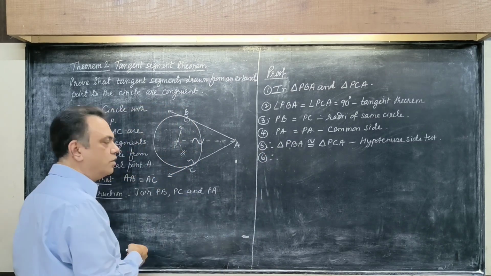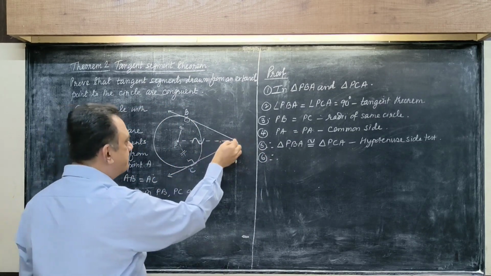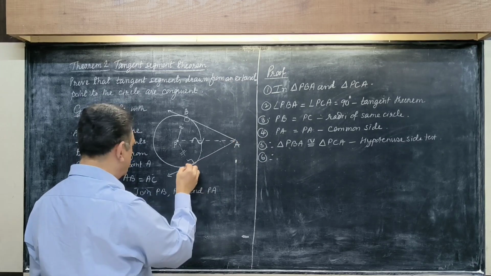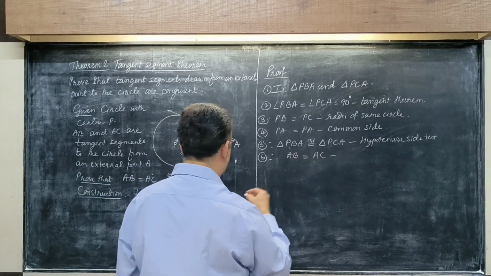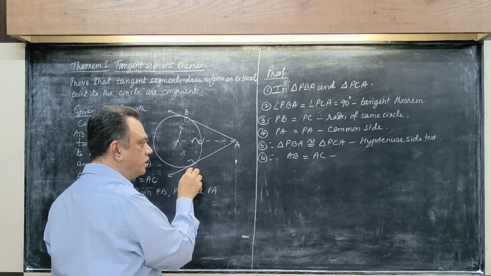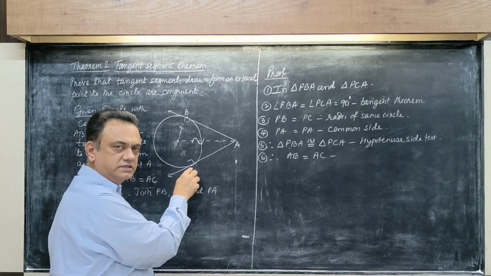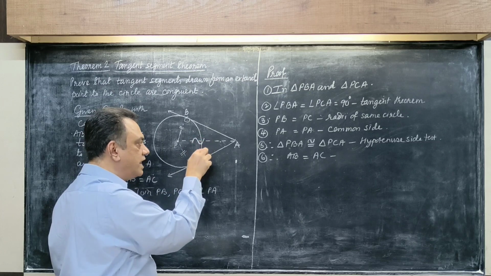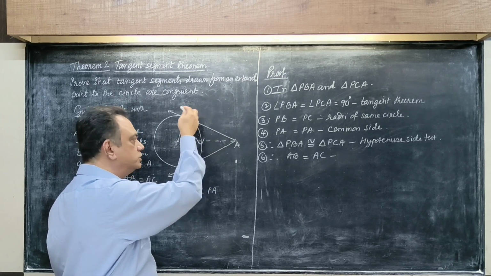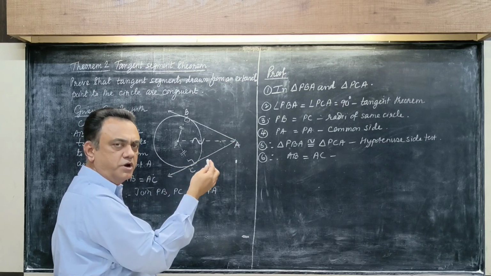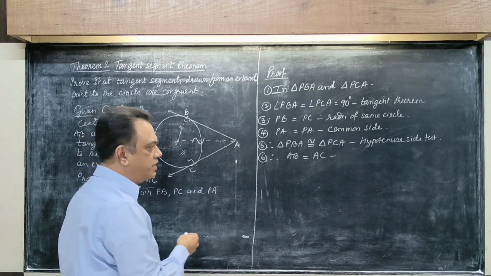Therefore, two triangles are congruent. Therefore, AB is equal to AC, corresponding sides of congruent triangles. If the two triangles are congruent, the remaining parts are also congruent. They are the corresponding parts of those congruent triangles.